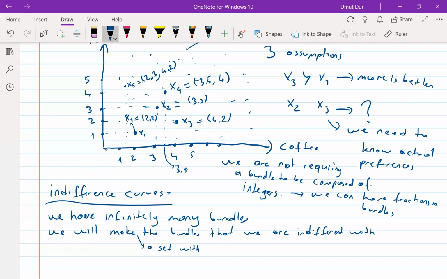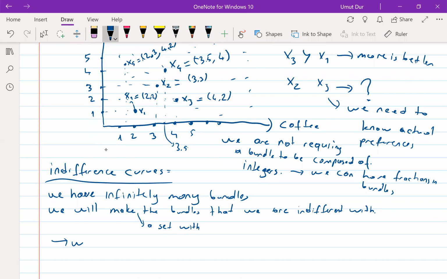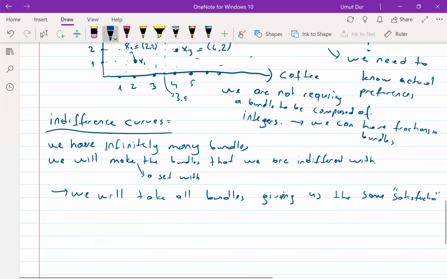So we will combine all the bundles that give us the same satisfaction. We will take all bundles giving us the same satisfaction, and we will represent them as a set.